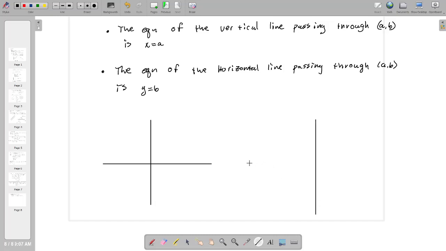So suppose we have these two axes and we have a point (a, b). Well, then the vertical line that passes through (a, b) will look like this. And similarly, the horizontal line passing through (a, b) will look like this.